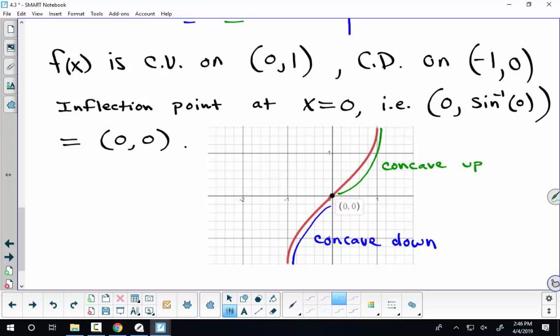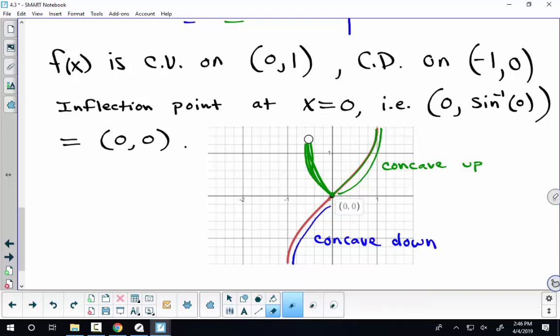I think visually, an easy way to differentiate between concavity being up or down: something that's concave up, if it were part of a vessel, would hold liquid. So if this were part of a cup or something like this, and we're just imagining it's over here as well, then that part would hold liquid, assuming everything's oriented in the same way, like we're going to pour liquid into the cup sitting on the table.